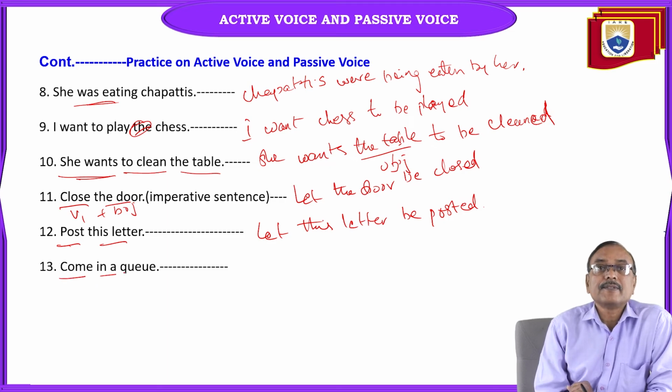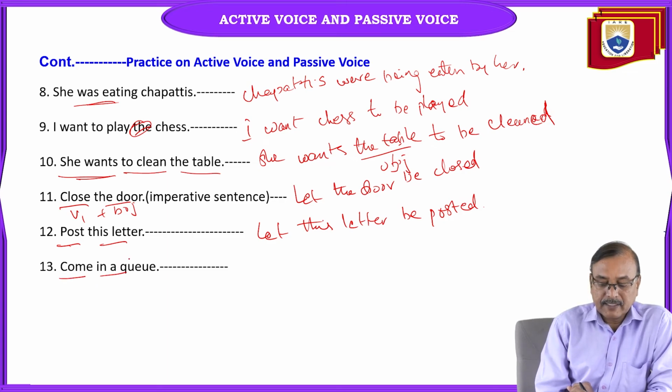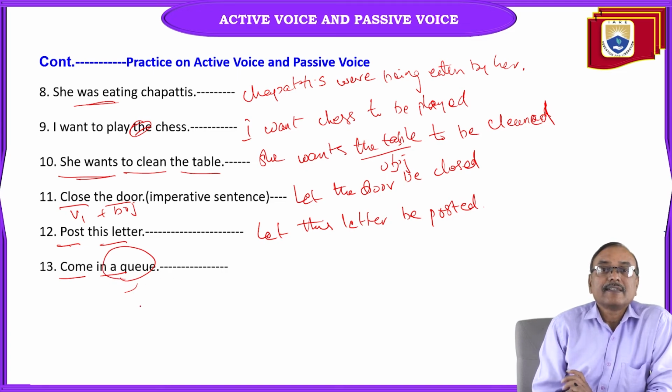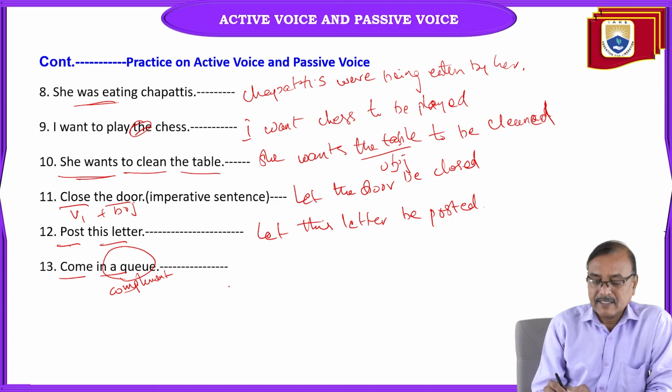Next, come in a queue. So this queue is not an object here. It is just a complement only. So don't use the let structure here.